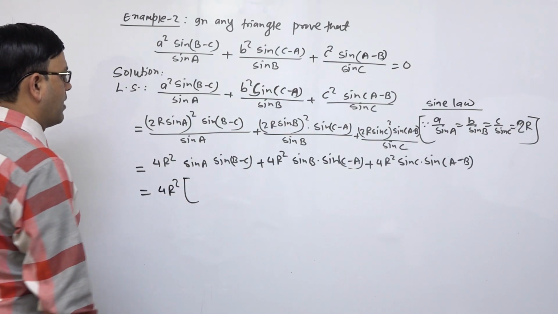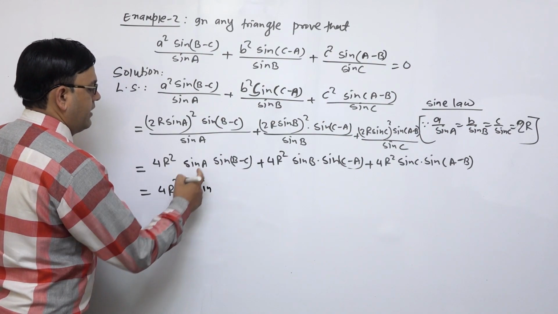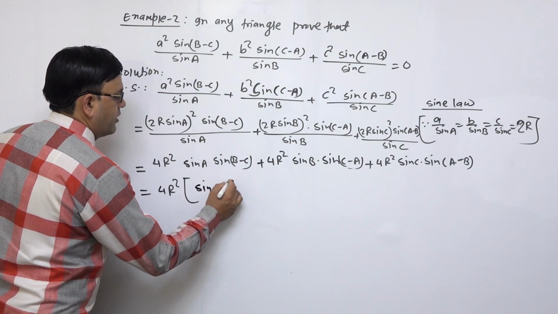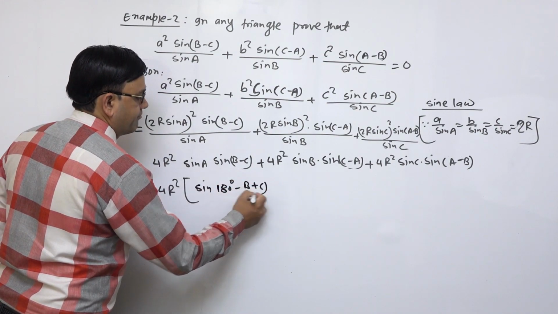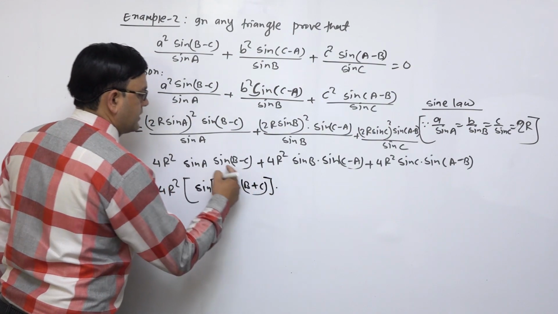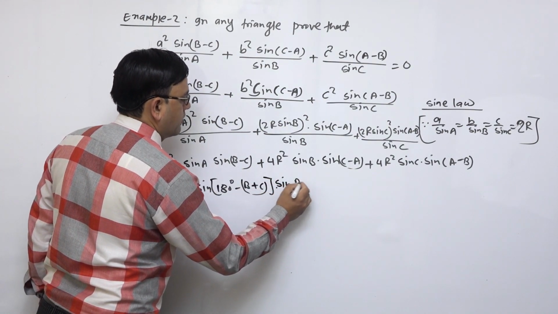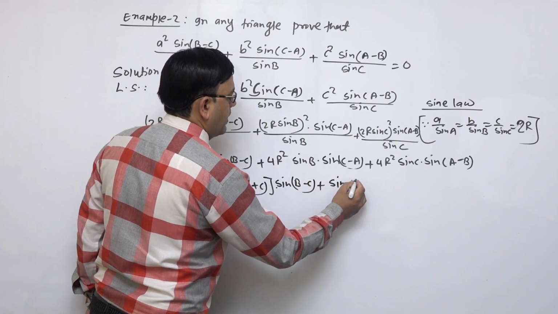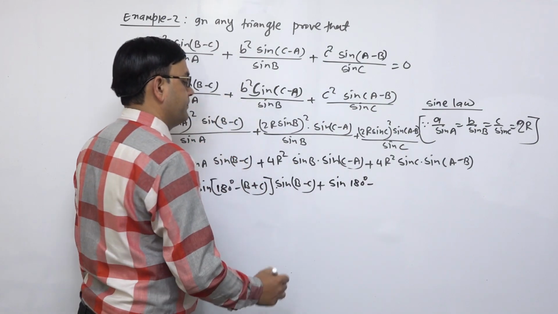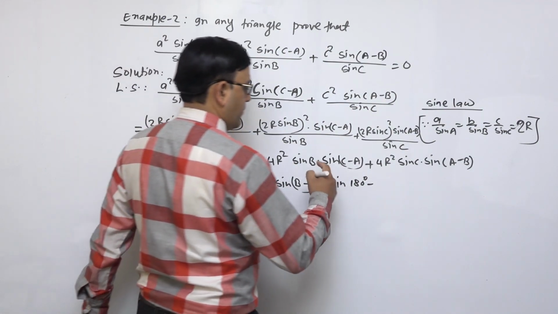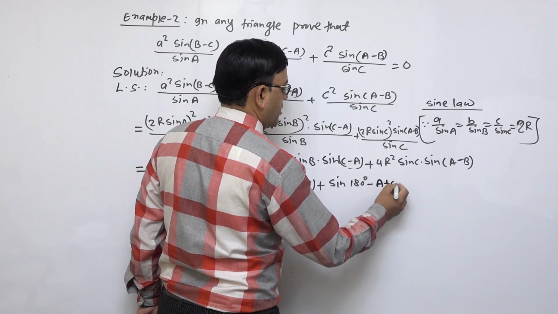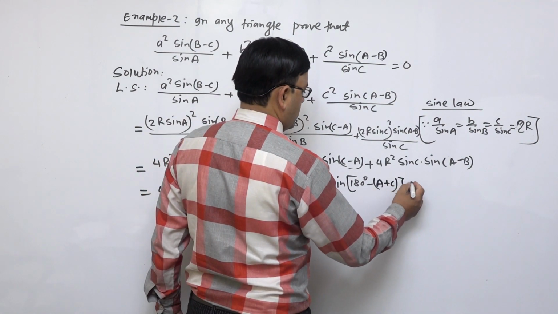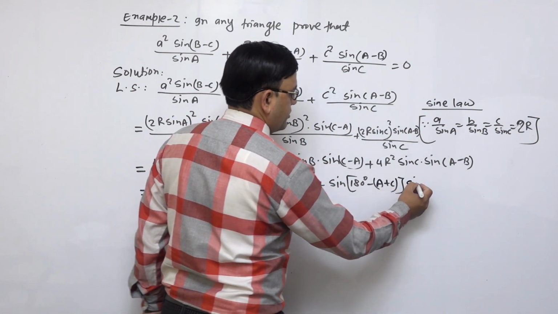Now sin a, we know, is sin(180 degree minus (b plus c)), times sin(b minus c). Plus sin b is sin(180 degree minus (a plus c)), which we write as c plus a, times sin(c minus a).